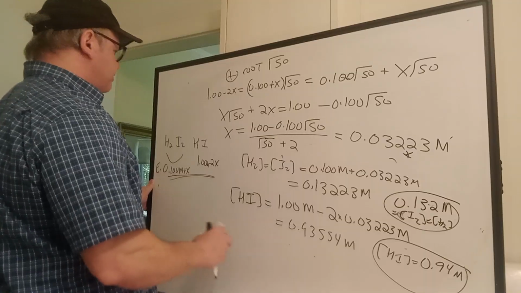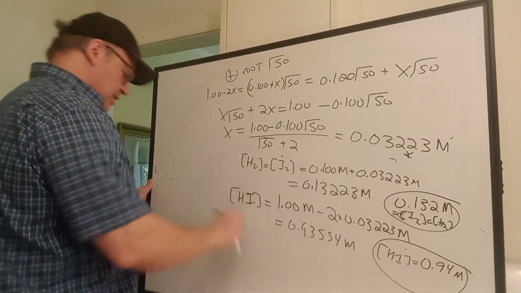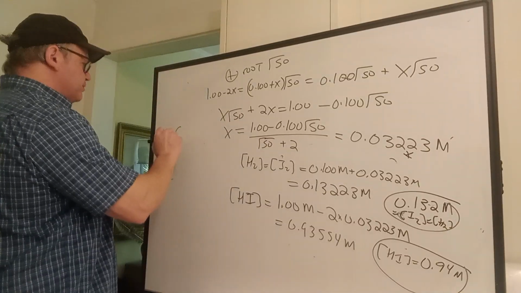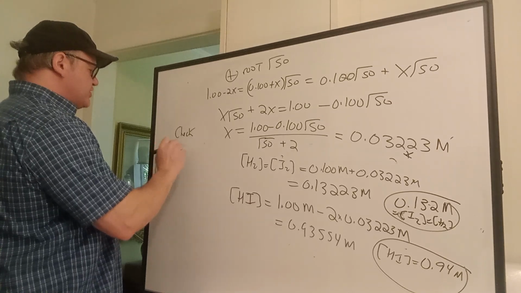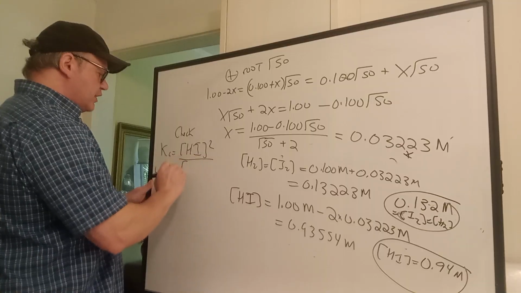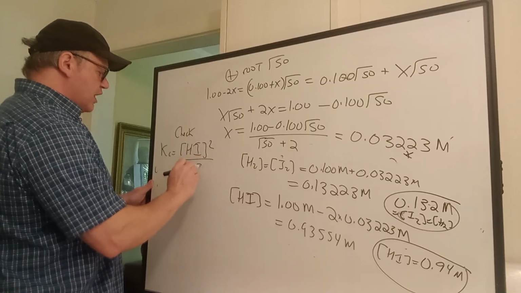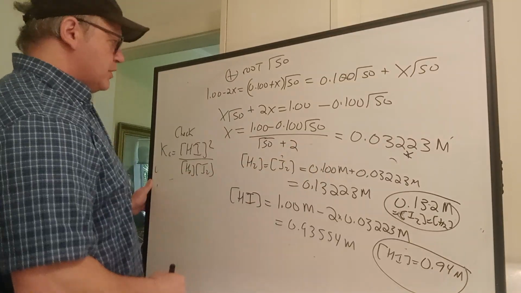Let's check it out. So, does this make sense? And we only did one root. Let's do a check. Let's plug it back in to Kc is equal to HI squared over H2 times I2. I'm going to use the more sig fig numbers.